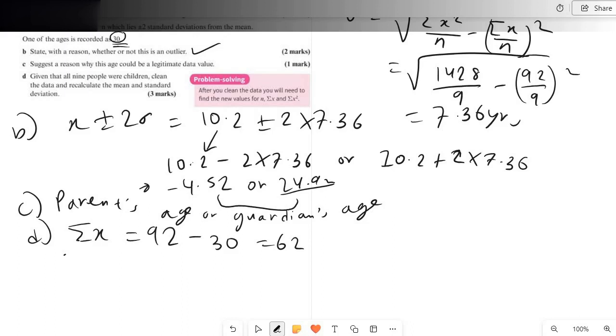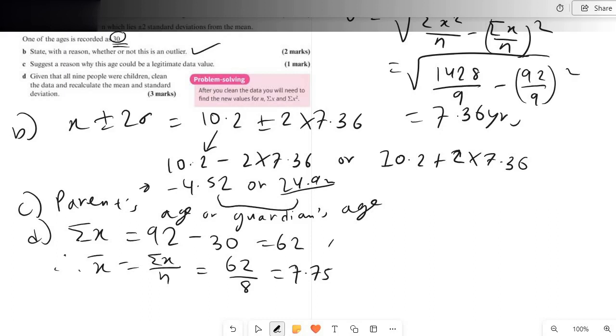Therefore, the new mean is going to be a value of summation of x divided by n, which is 62. And because we have eliminated one of the ages here, the new number is going to be 8 instead of 9 that we had previously. So this is going to give us a value of 7.75.